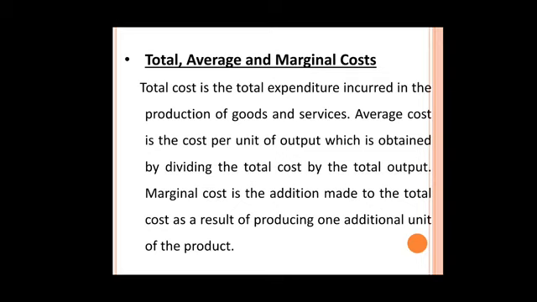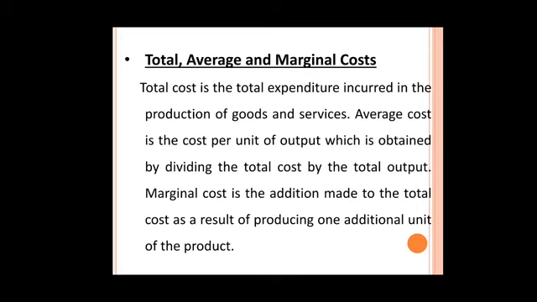Total cost is equal to total variable cost plus total fixed cost. Average cost is the cost per unit of output, which is obtained by dividing the total cost by the total output. Thus, average cost is equal to total cost divided by total output, or TC divided by Q.